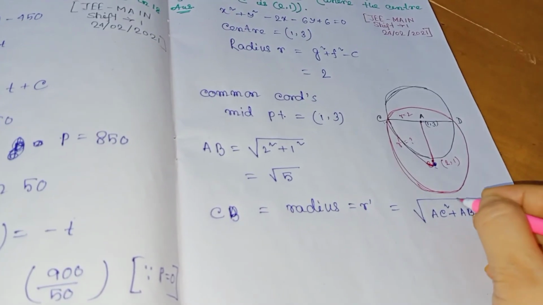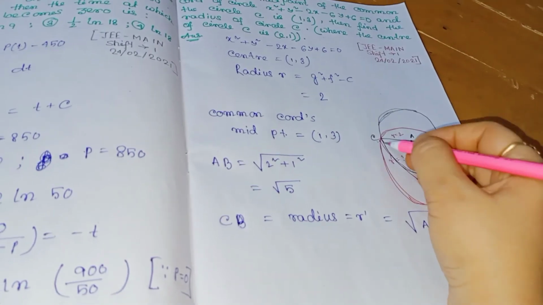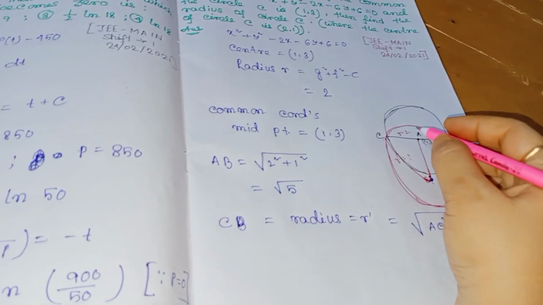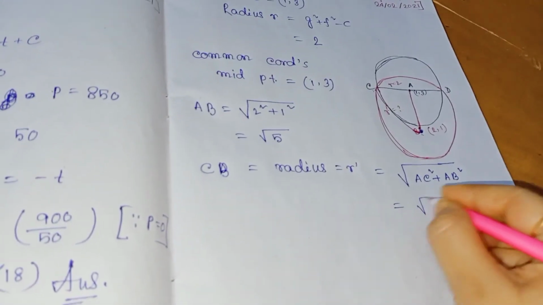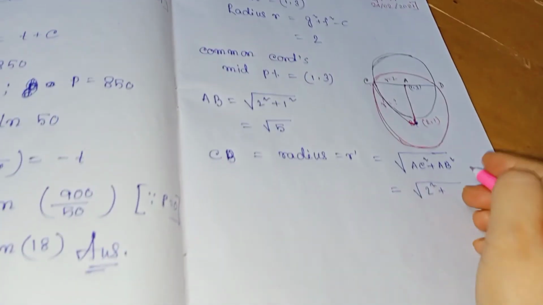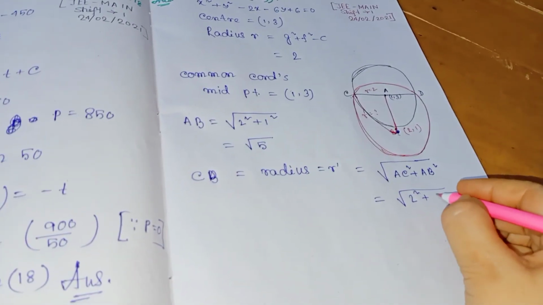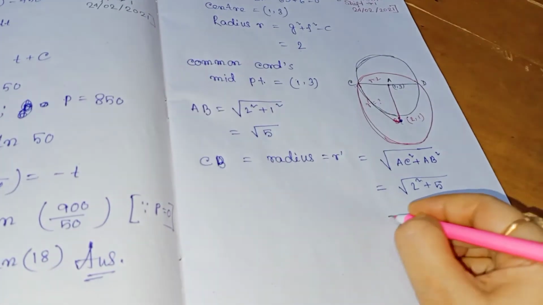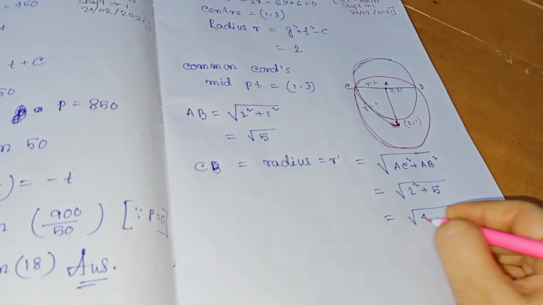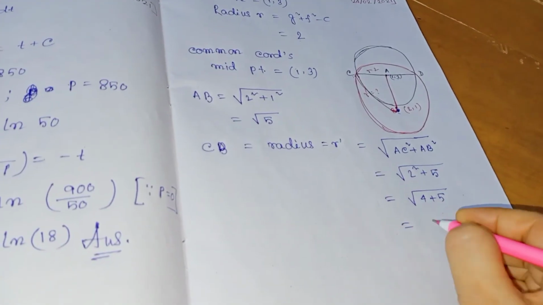AC is equal to 2, as the radius is 2 here, so it is root of 2 square plus root 5 square, so 4 plus 5, so the radius is equal to 3.